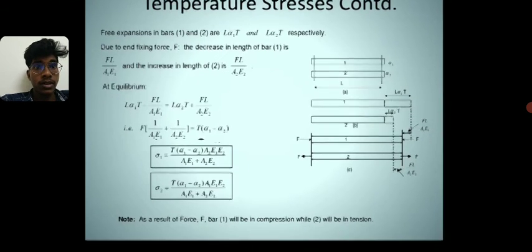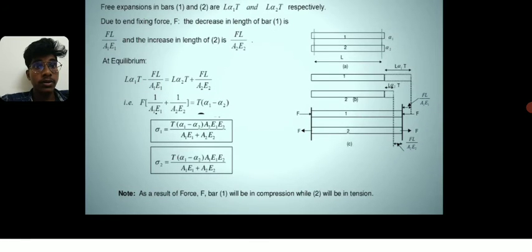Sigma 1 is equal to T into (alpha 1 minus alpha 2) into A2 E1 E2 by (A1 E1 plus A2 E2), and sigma 2 is equal to T into (alpha 1 minus alpha 2) into A1 E1 E2 by (A1 E1 plus A2 E2). As a result of force F, bar 1 will be in compression while bar 2 will be in tension.